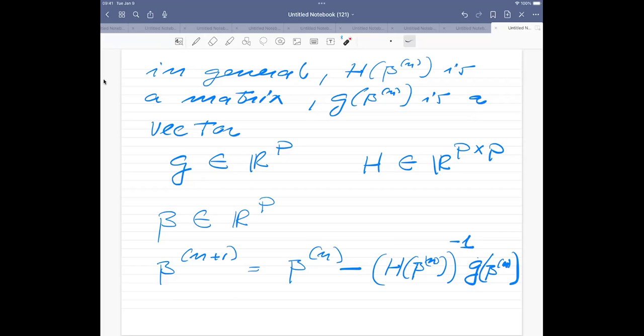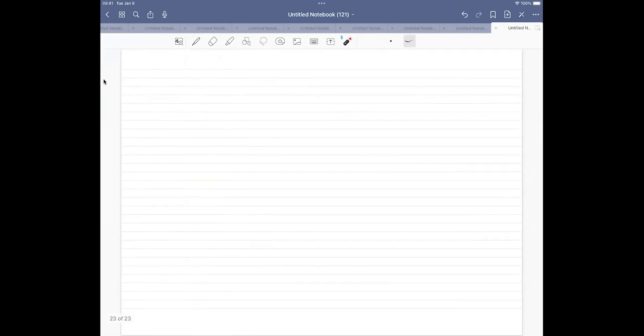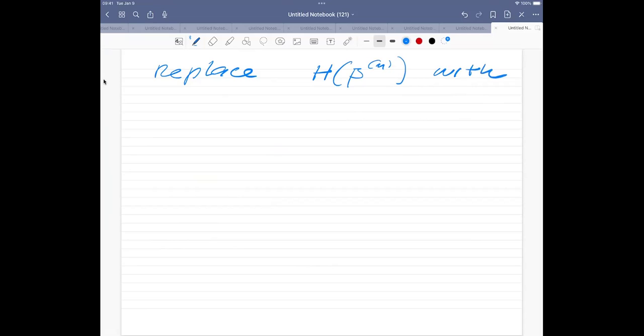So the standard approach, which you will deal with, is to replace the inverse of the matrix with a parameter, which I will just call gamma of n.